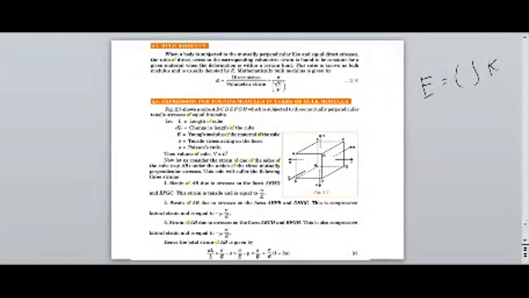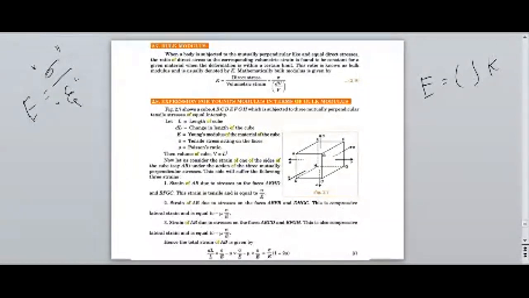So what is bulk modulus? We know the Young's modulus. The Young's modulus is nothing but a ratio of stress by strain.